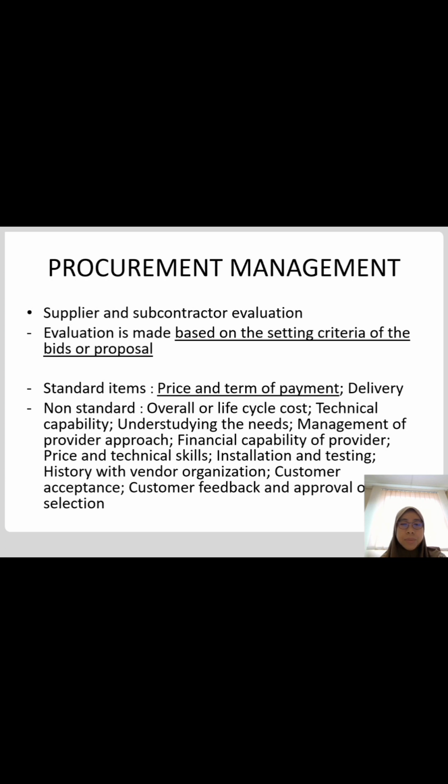The standard items will be price and terms of payment, and delivery, while the non-standard items will be overall or life cycle cost, technical capability, understanding the needs, management approach of provider, financial capability of provider, price and technical skills, installation and testing, history with vendor organization, customer acceptance, customer feedback, and approval of selection.